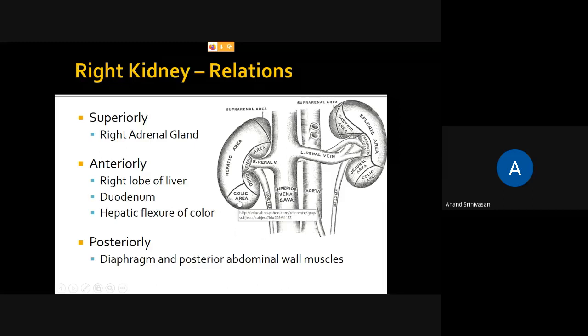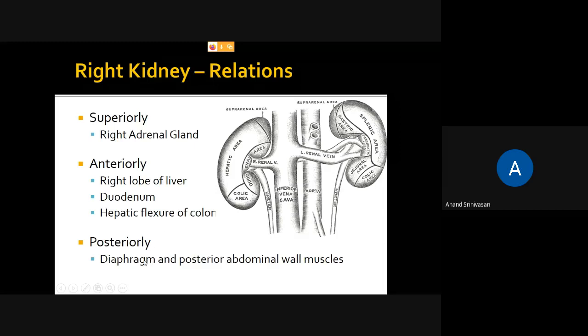So the structures located anterior to the right kidney are the liver, duodenum, and the hepatic flexure of the colon.